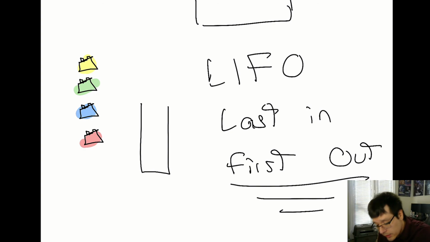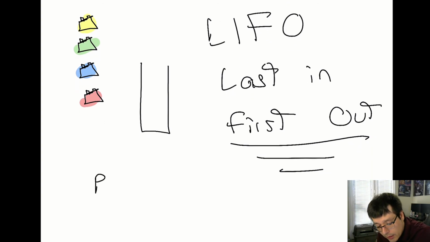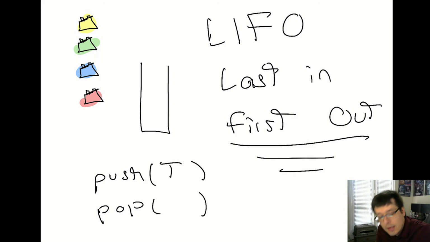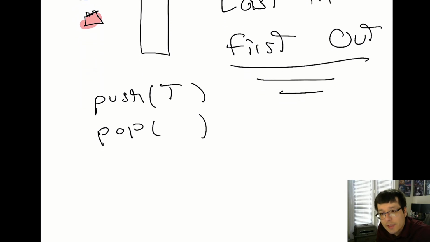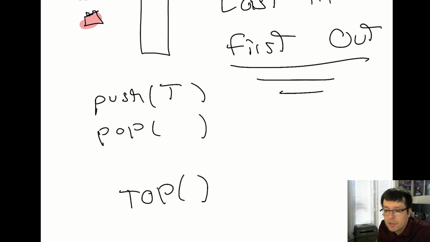The way stacks work is you have 3 operations. Actually, you have 2 operations that are the most important ones, and then one more operation that is typically thrown in, which is your top. But really, the top is just a combination of the other 2. If you're trying to make a stack with the most bare bones, you just need 2 things.